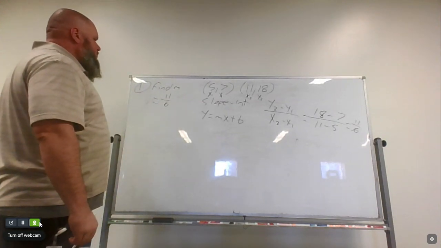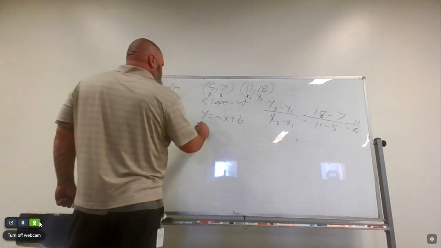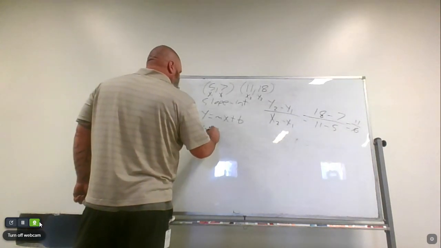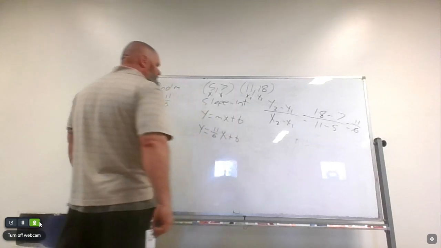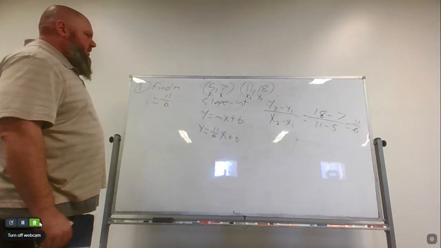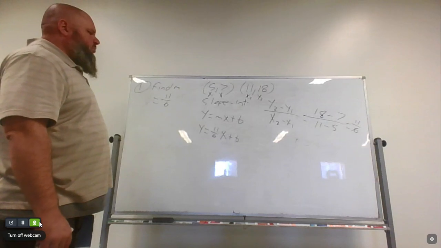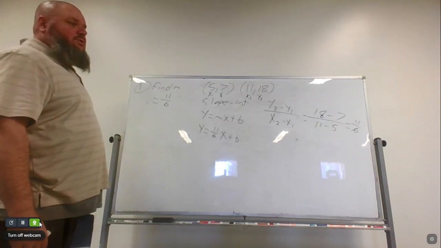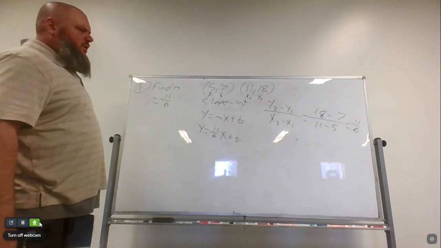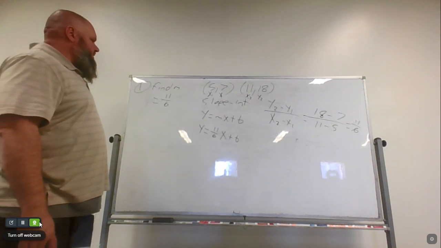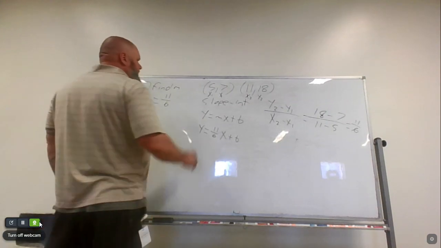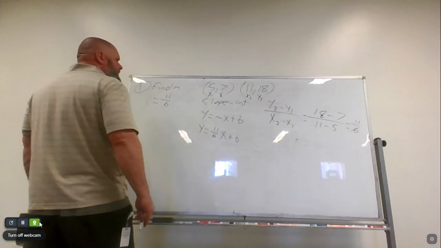Now we know we have y equals 11/6 x plus b. So now we want to solve for b. Now we're going to have to use some advanced algebra on this. Hopefully it's a refresher from high school, multiplying with fractions and whatnot. Well, let's take our point 5, 7. Let's plug the values in.